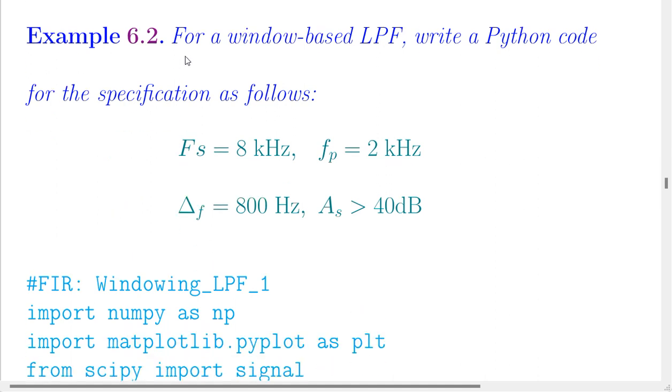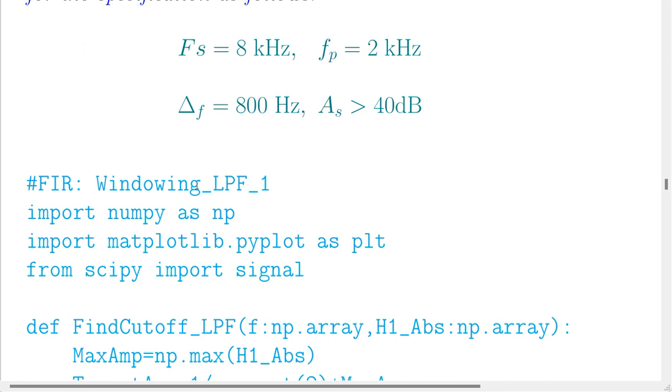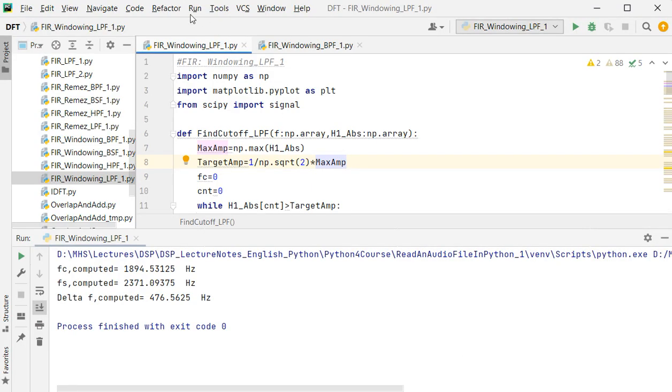Now, important example. For a window-based low-pass filter, write a Python code for the specification as follows. Fs 8 kHz, Fp 2 kHz, delta F 800 Hz, attenuation 40 dB for stop band. Now we will run Python code. Okay.